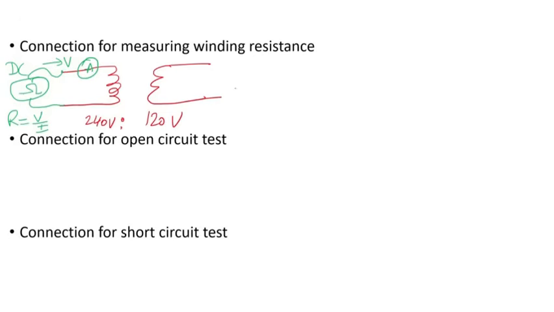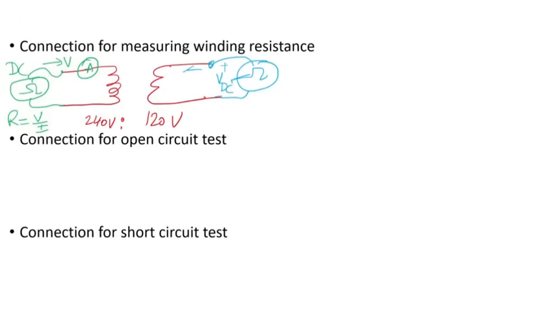You can use the same ohm meter. These are the two leads, one start and finish, for instance. You connect them to the ohm meter, then you apply some voltage, which is DC.